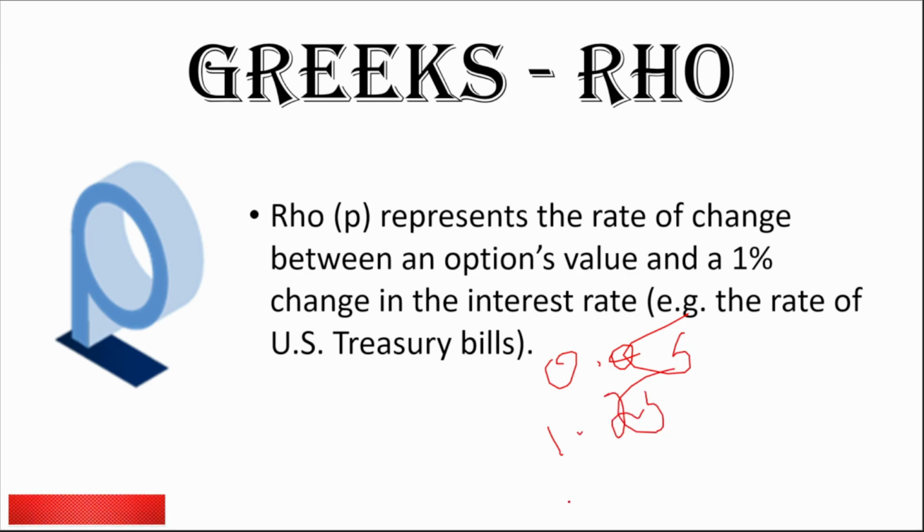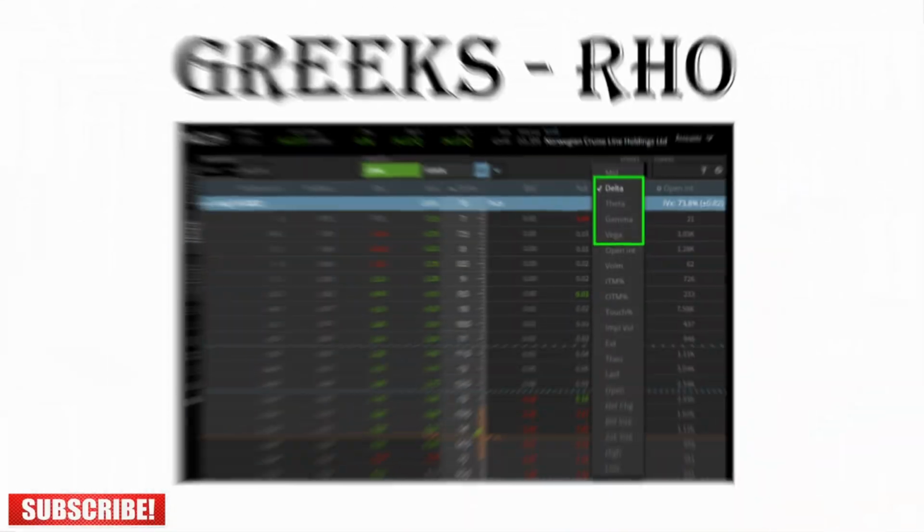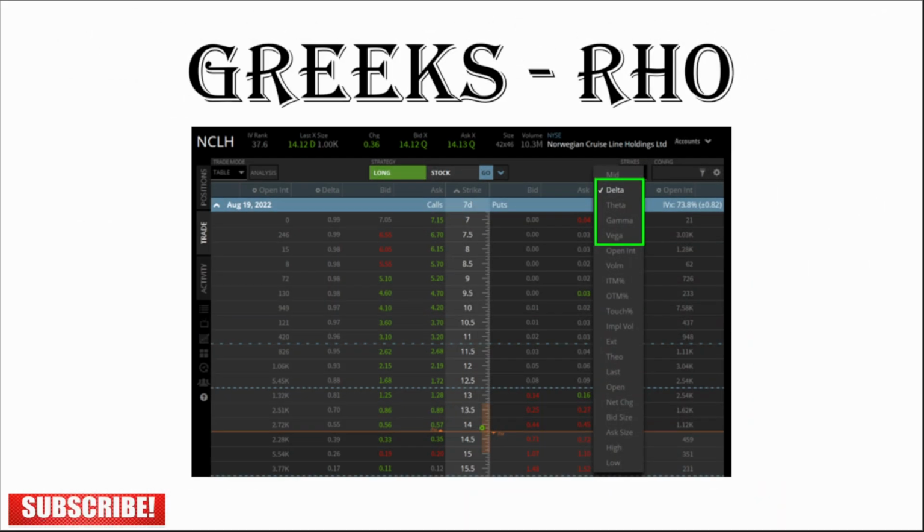If the interest rate rises by 1%, the value of the call option will increase from $1.25 all the way up to $1.30. Rho barely affects an option price, so much so that brokerage platforms don't even include the option rho in the option chain. As you can see in the picture, it really doesn't have much effect on option price.